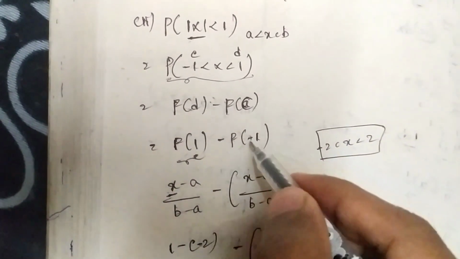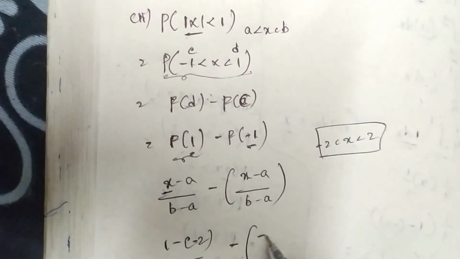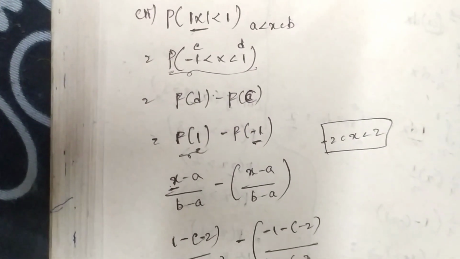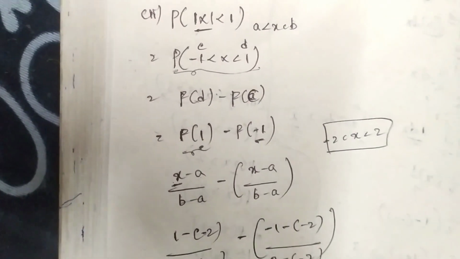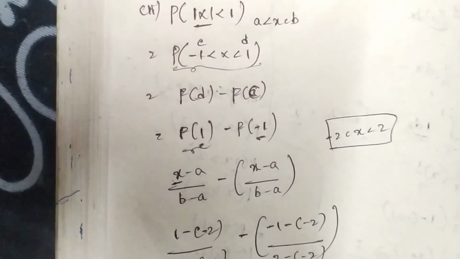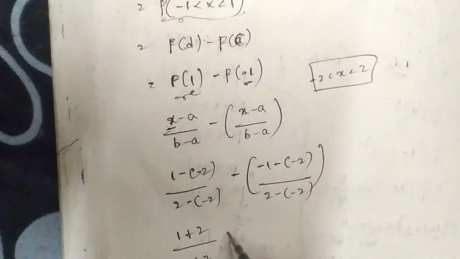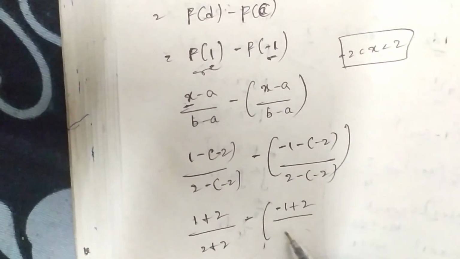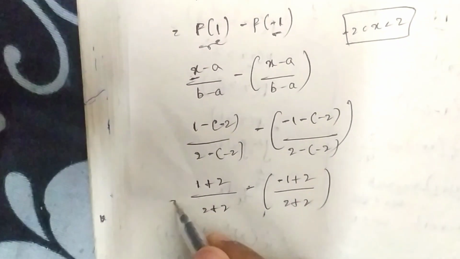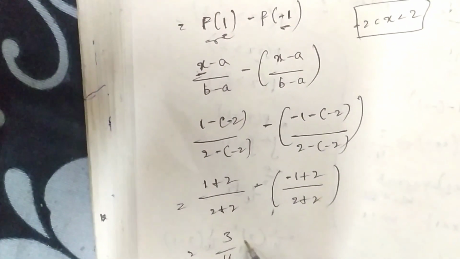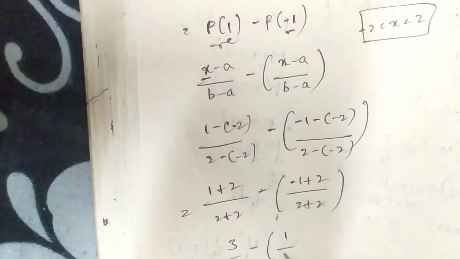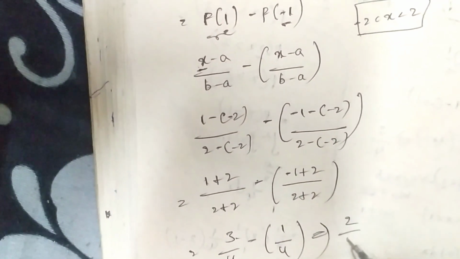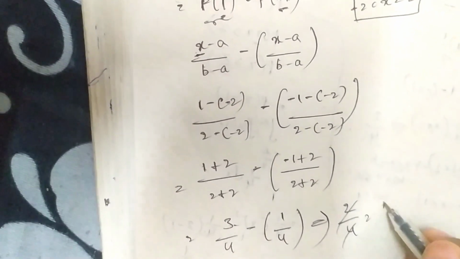Same here also, in place of x we take minus 1. We get 1 plus 2 by 2 plus 2 minus 1 plus 2 by 2 plus 2. We get 3 by 4 minus 1 by 4, that is 2 by 4, which is 1 by 2.